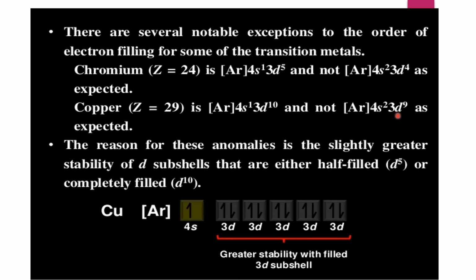So, to attain greater stability, this anomaly is followed. That is, the electronic configuration of copper is argon 4s1, 3d10. The reason for these anomalies, for copper or chromium, is the slightly greater stability of d subshells that are either half filled or completely filled. So, to attain that greater stability, these are the exceptional cases.